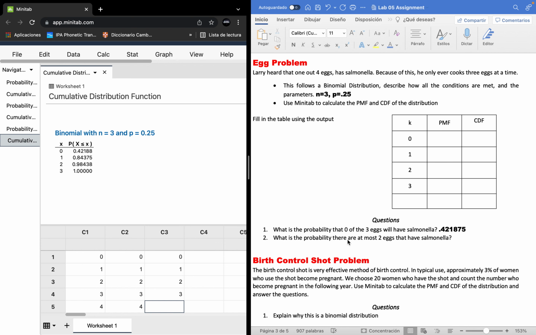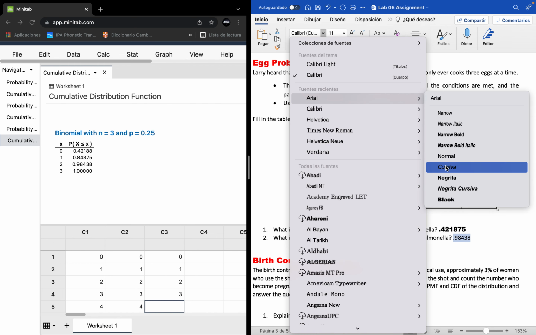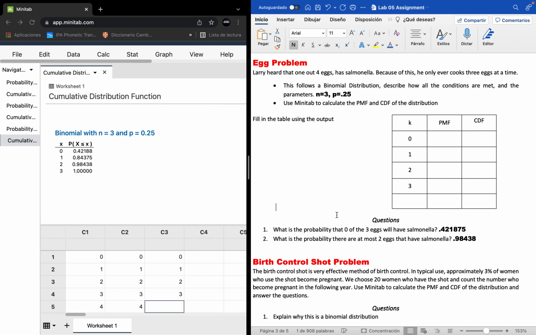So at most 2 means 0, 1, or 2, or x no more than 2. So in this case, only use this value, 0.984375. And there you have.